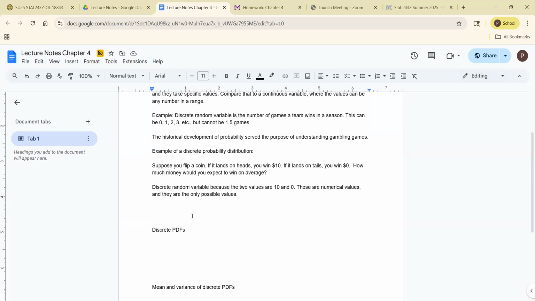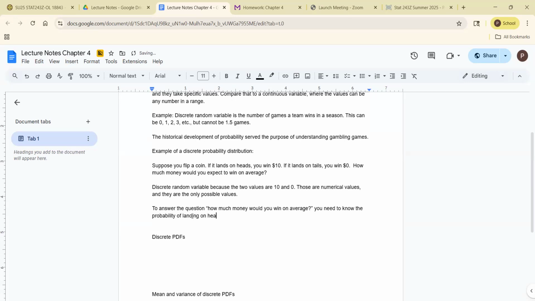So to answer this question, how much money would you win on average? You need to know the probability of landing on heads and the amount of money you win on heads, and the probability of landing on tails with the amount of money you win on tails.